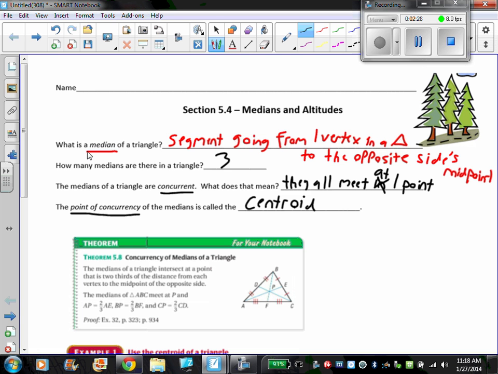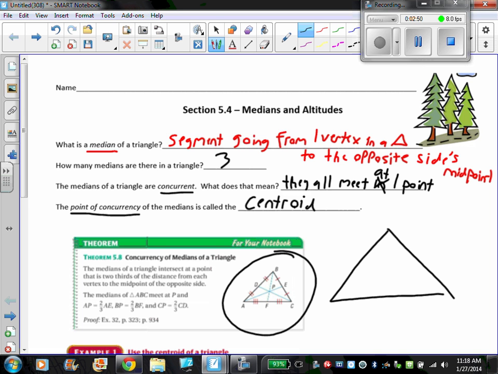So there's that. Now, medians and their centroid are sort of special in that they always have a relationship between their lengths. So if we look at this picture, let's make this a little bit bigger, not exactly to scale, and focus on one median in particular.